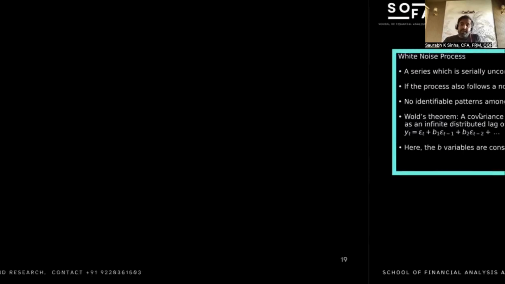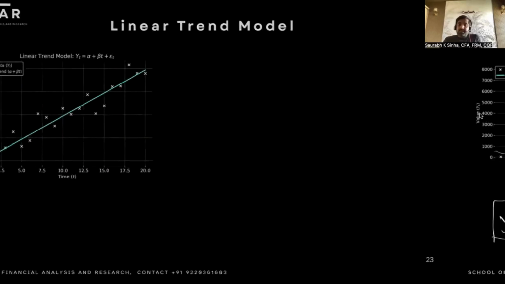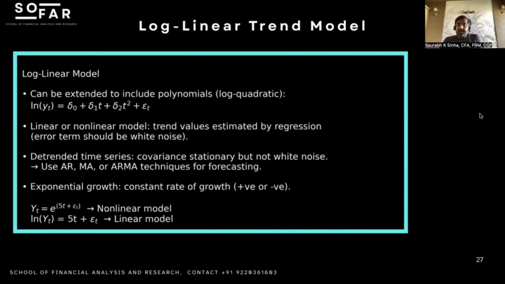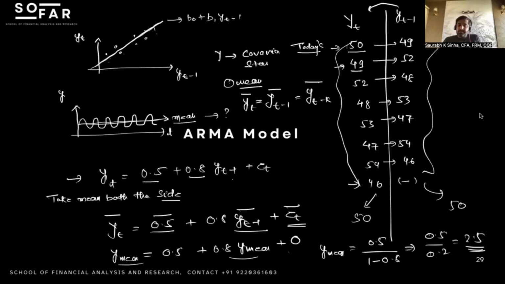So what I'm saying is, I got the time series for 10 days, or whatever the time series is. I got yt is equal to 0.5 plus 1 into yt minus 1. The next time I took another 20 data points, my time series came as yt is equal to 0.8 plus 0.6 yt minus 1.